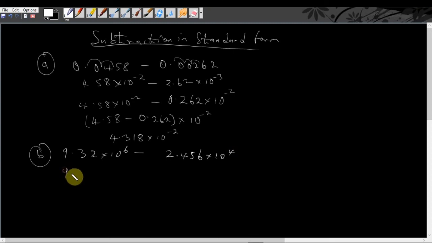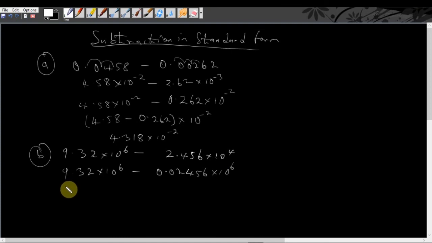But let's write this one down first. Times 10 to the power 6 minus, instead of writing this 4 now, you need to go 2 steps backward to add 2 to this 4, which is 0.02456 now times 10 to the power 6, not 4.